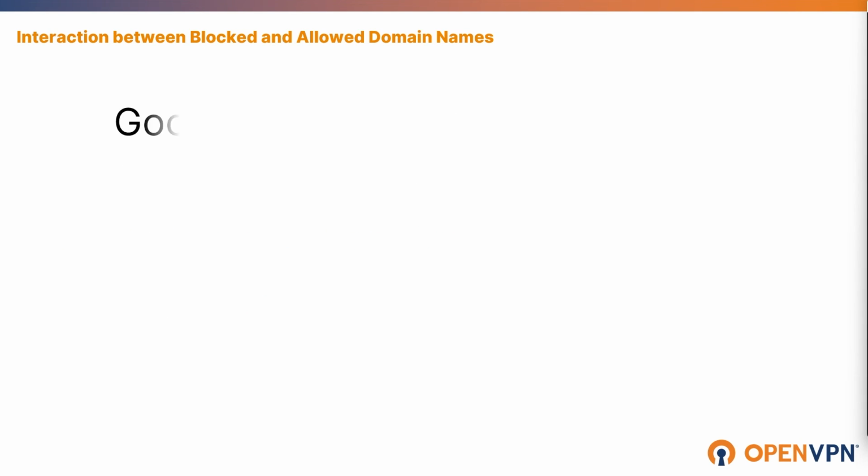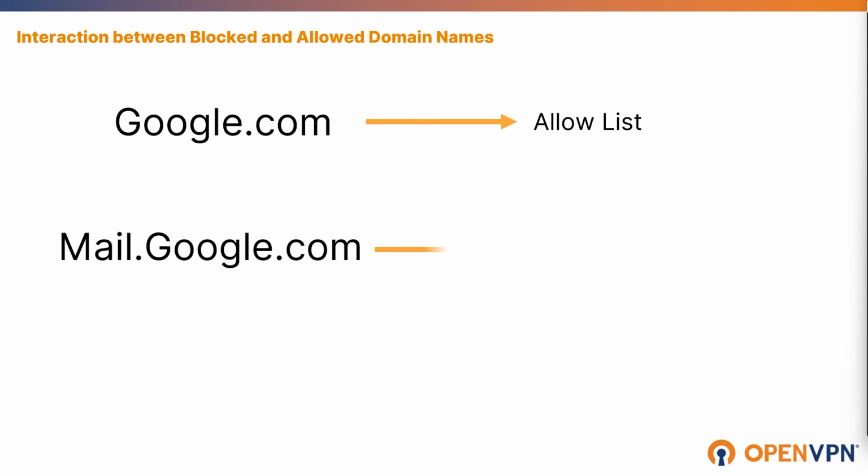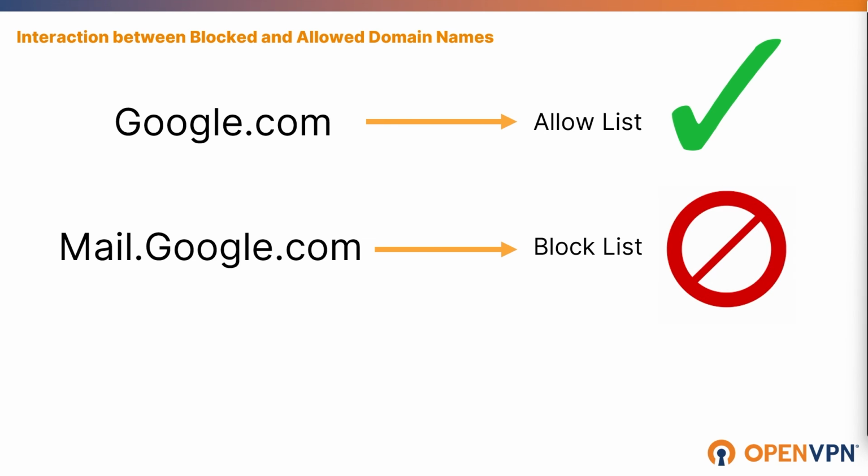For example, if you add google.com in the allow list, but you add mail.google.com in the block list, the results will be that google.com is allowed along with all its subdomains unless specifically configured in the block list. So in this case, mail.google.com will be blocked.